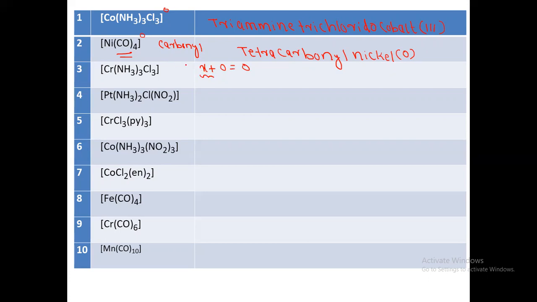So the charge of the metal is also 0, which means the metal is in the ground state. Ground state means the atomic state, as an atom, not in the ionic state. So here nickel exists as an atom, not as an ion. Okay, clear. It's very simple.